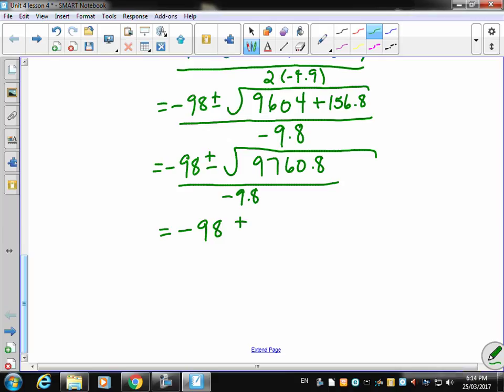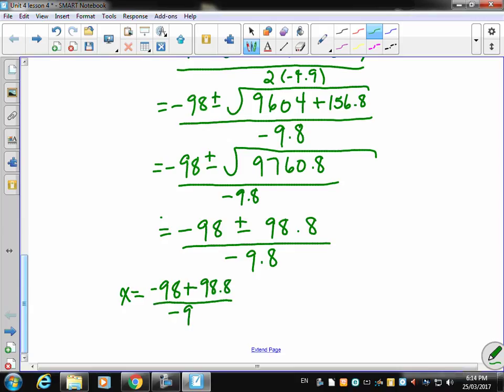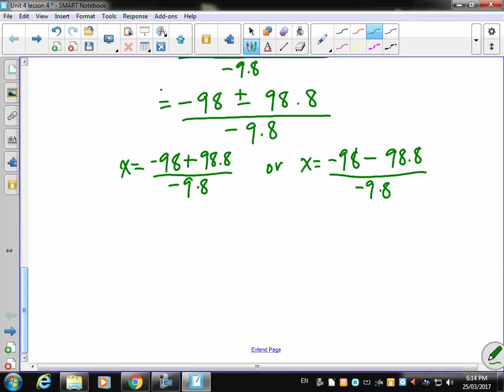Negative 98, add or subtract approximately 98.8, over negative 9.8. You ready? We have two answers. X equals negative 98 add 98.8 over negative 9.8. Or my other answer is x equals negative 98 subtract 98.8 over negative 9.8. Let's do this thing.